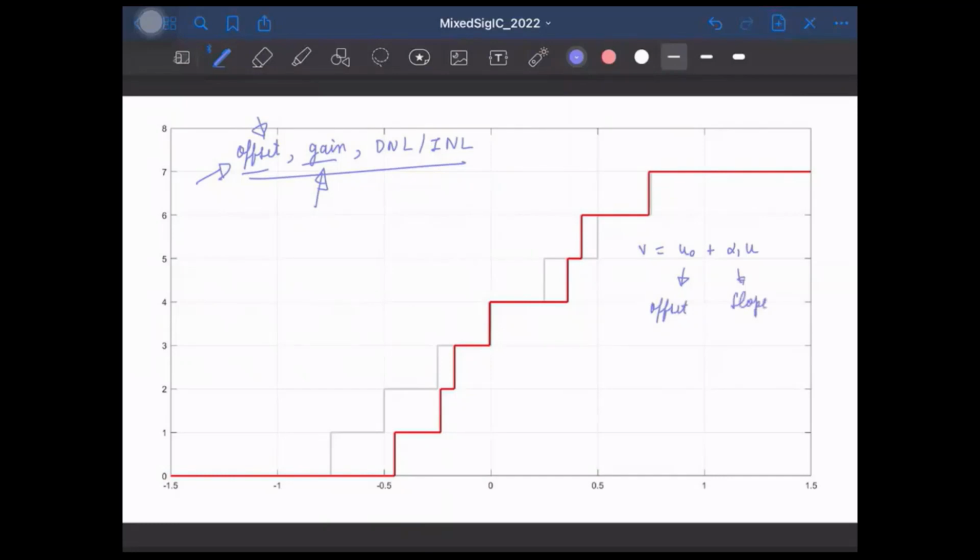So what you do, you correct for this offset error, that is you subtract U naught from the quantizer characteristic we got, okay? And then use the slope to find what is my delta average. And using this delta average, you then compute what is my DNL and INL. This is how you do it in practice.